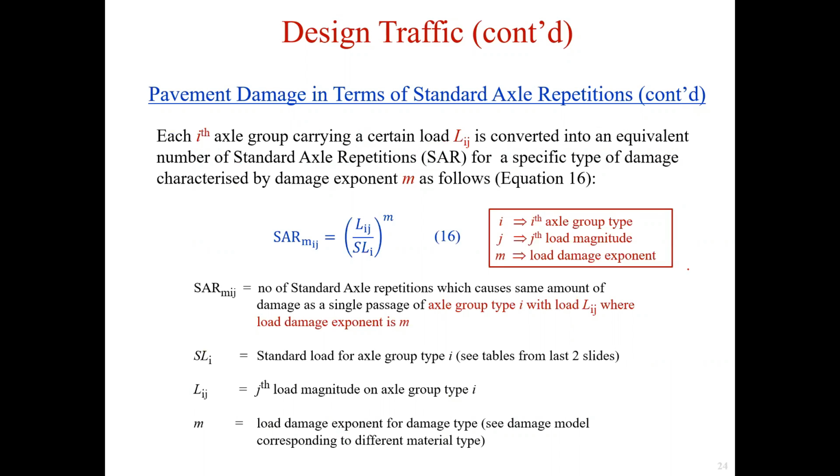In this equation, SAR Mij is the number of standard axle repetitions which causes the same amount of damage as a single passage of axle group i with load Lij, where the load damage exponent is M. SI is the standard load for axle group i, and we can refer to the values in the previous two tables. Lij is the j-th load magnitude for axle group type i, and M is the load damage exponent for different damage types.